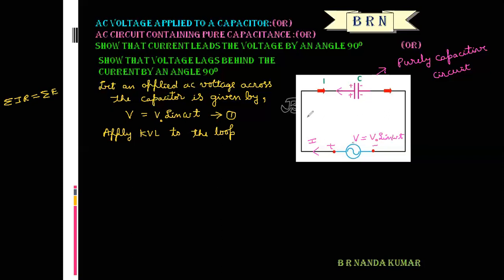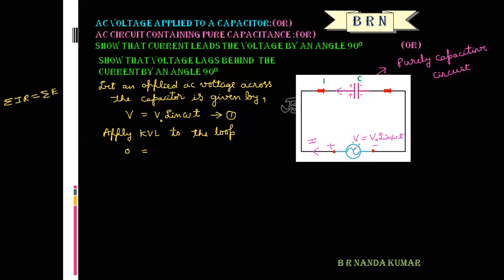Actually, this loop doesn't have any resistance, so the LHS is equal to 0.